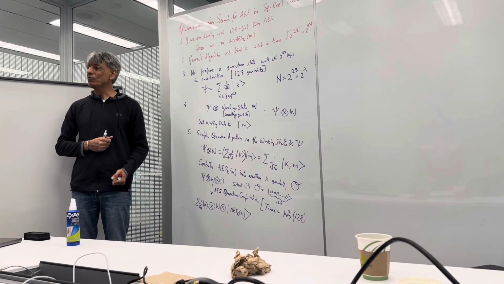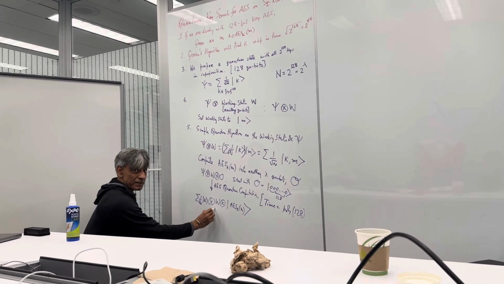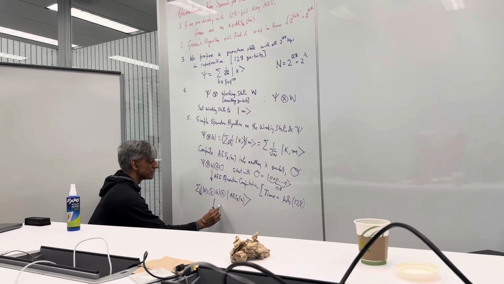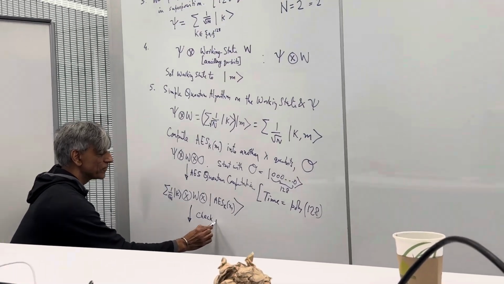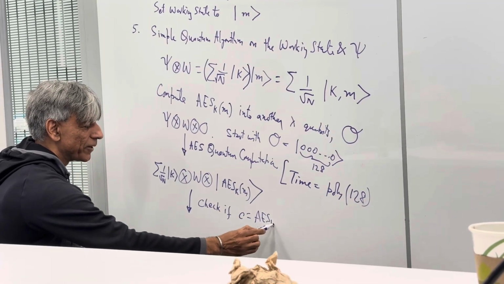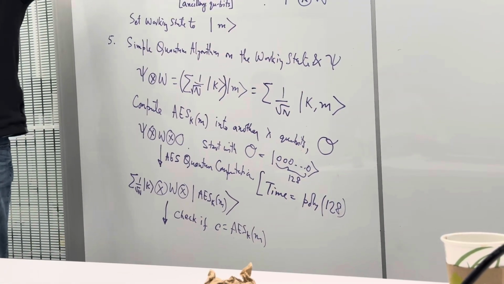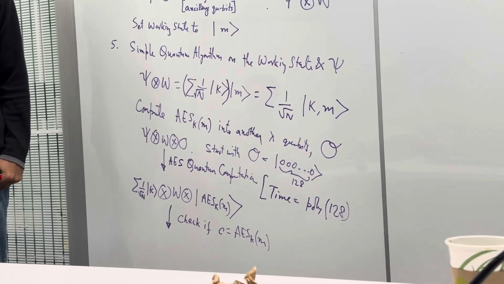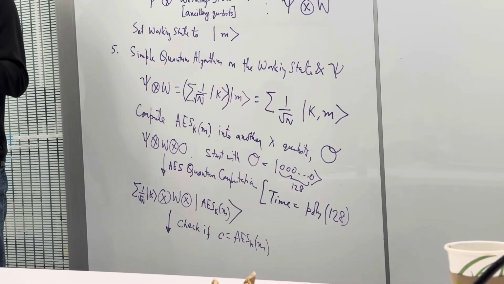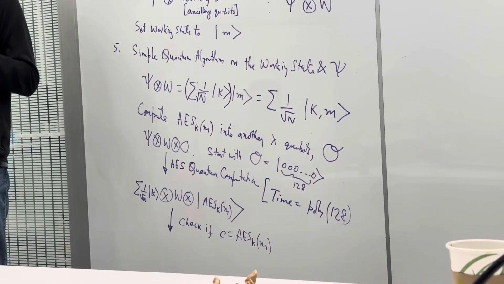All right. Now what you do is, you run another computation where you check if C is equal to AES K of M, where C was your original given ciphertext. All right, and so you can compare these qubits with a constant set of bits. So that's just a simple quantum computation.